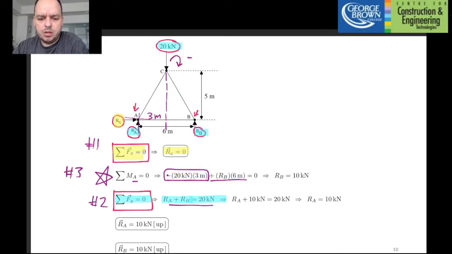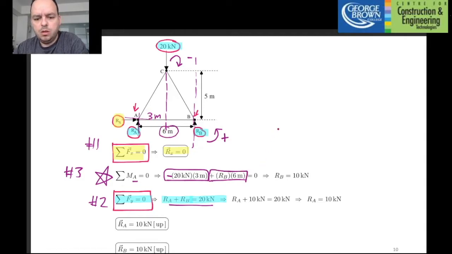That's why you have the minus sign here. The RB force is going to produce a counterclockwise moment, or positive, and its line of action is 6 meters away from A. That's why you see the 6 here.